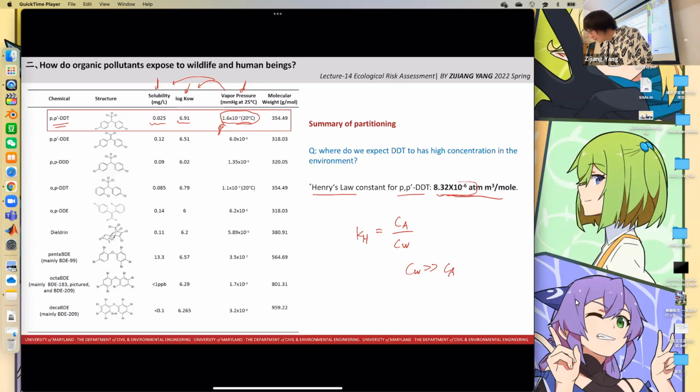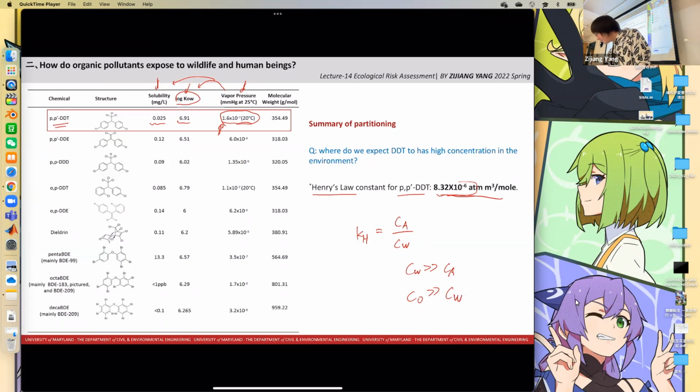And here we also know that the log KOW is this value. So we also know that the concentration of DDT in the organic phase, or in the octanol phase, is also greatly larger than the concentration of DDT in the water.